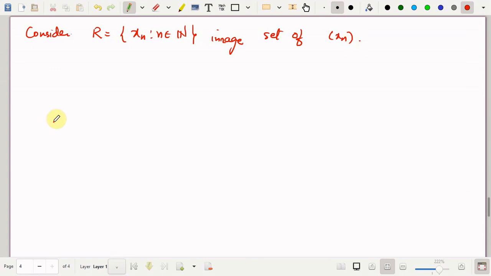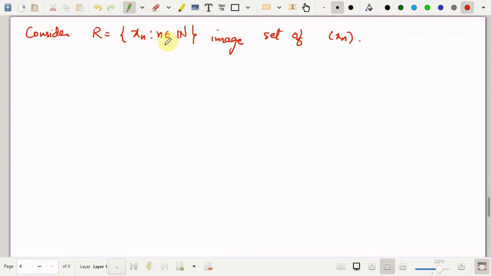Okay, so what we want to show is that the given sequence is convergent. So I'll get to that part. I'll go to that part later. So first I will show that this set has a least upper bound by using the LUB property.